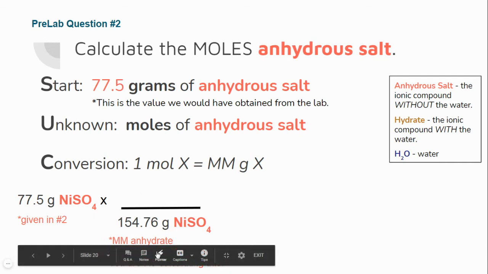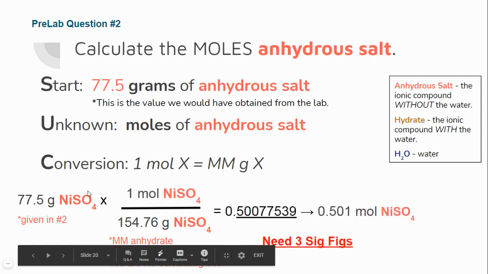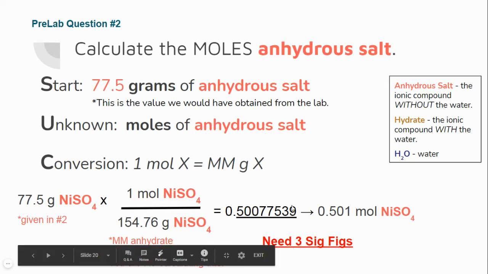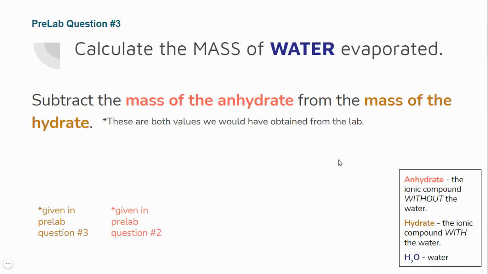The top should be the 1 mole of nickel 2 sulfate. Then we multiply across the top and across the bottom, divide the top and bottom, and we end up getting this ridiculous number. We're going to round to 3 sig figs, so I have 0.501 moles of nickel 2 sulfate. Save that number for later.